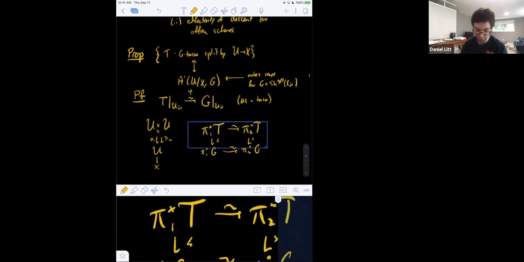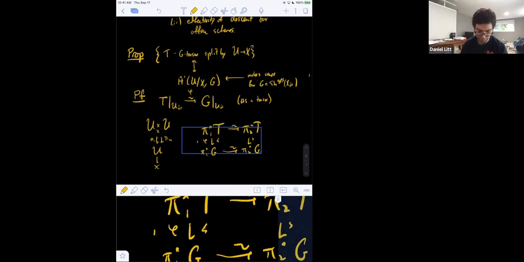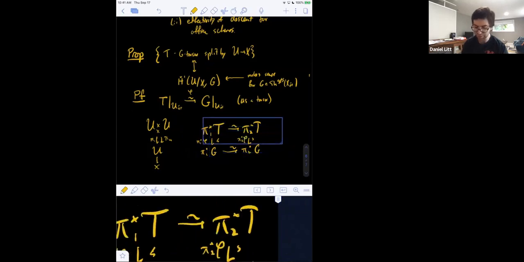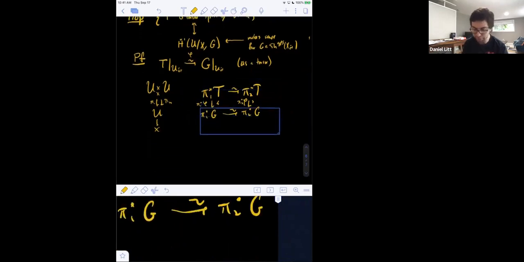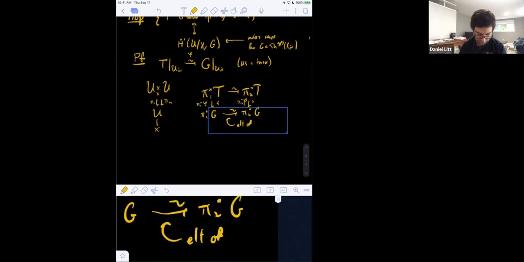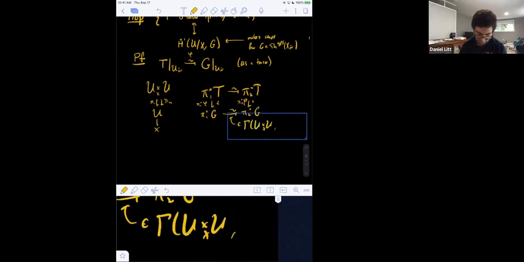So this is pi1 star of phi, and this is pi2 star of phi. So this descent data, which we have automatically because we were pulling back something from X, we can view as an isomorphism of trivial torsors, right? And what is this thing? This is an element of G, a section in gamma of U cross U over X with coefficients in G.